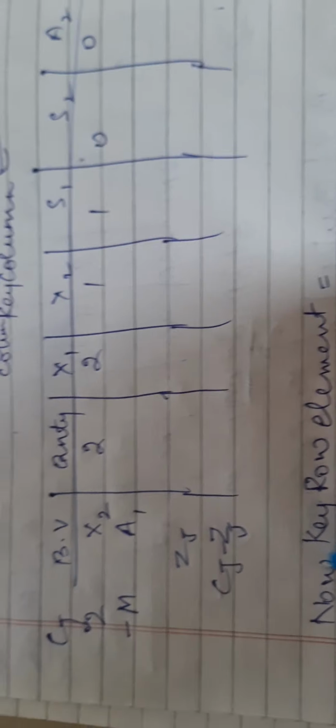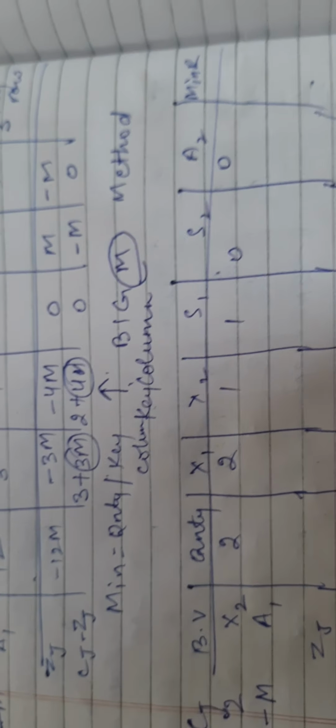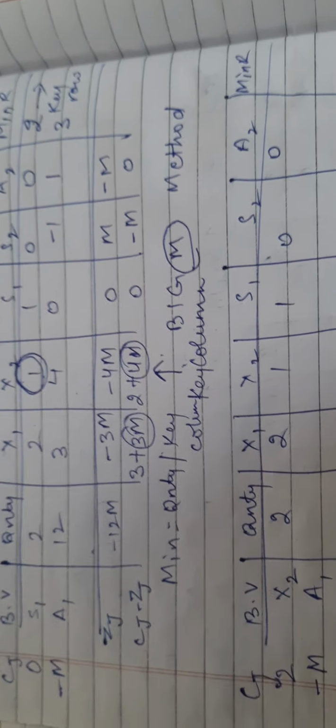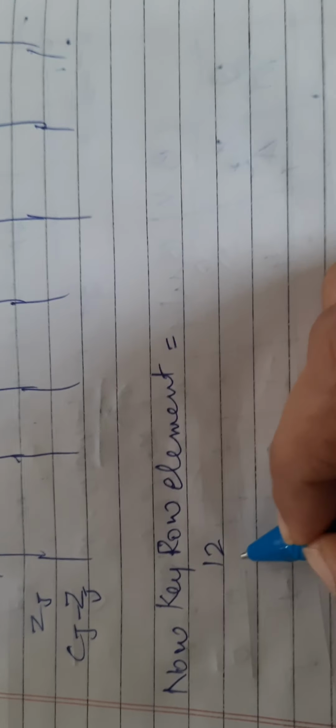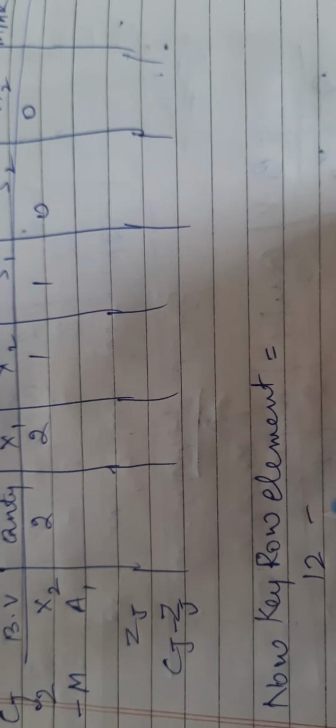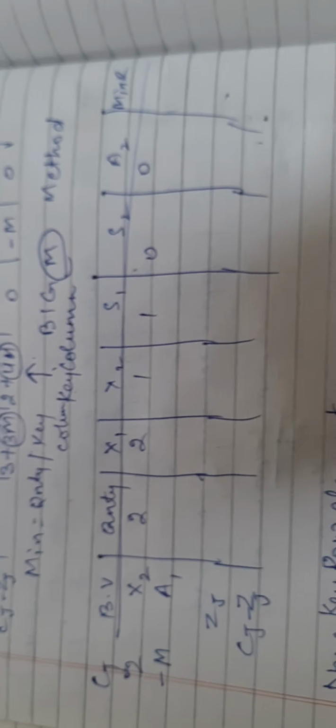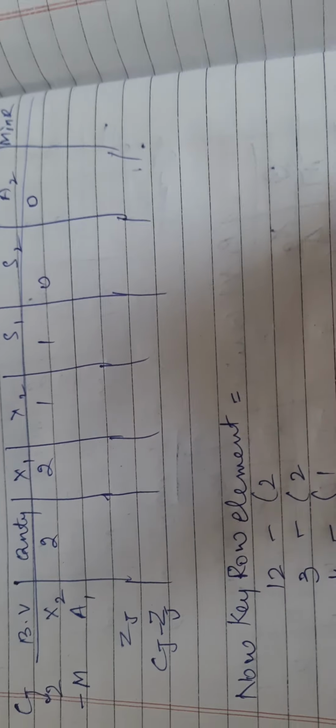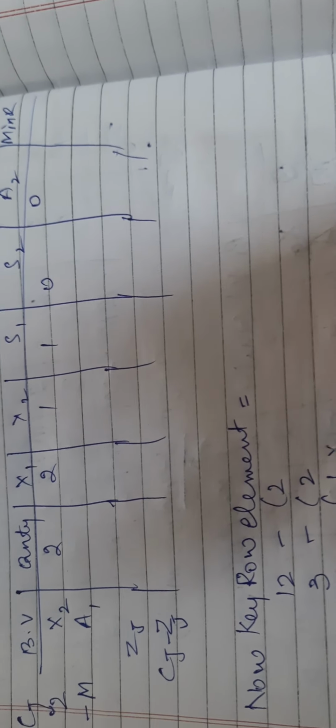For the non-key row elements, we take the previous row, that is 12, 3, 4, 0, minus 1 and 1, and subtract the key row, 2, 2, 1, 1, 0, 0, multiplied by the element corresponding to the key element.